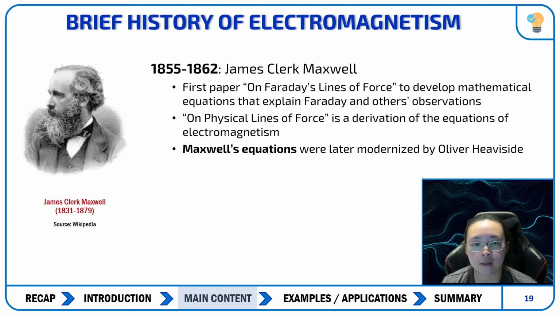So that paper is a derivation of the equations of electromagnetism, and that's why Maxwell's equations are so important. They were later modernized by Oliver Heaviside. You probably know him from the Heaviside function, but most of E&M is based off of Maxwell's equations, which we will be learning about throughout the course.